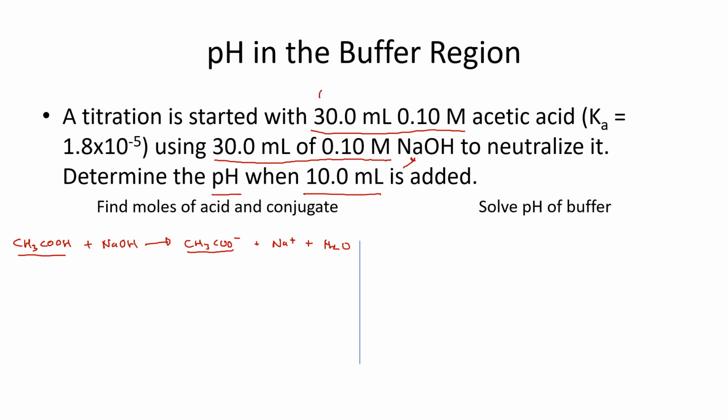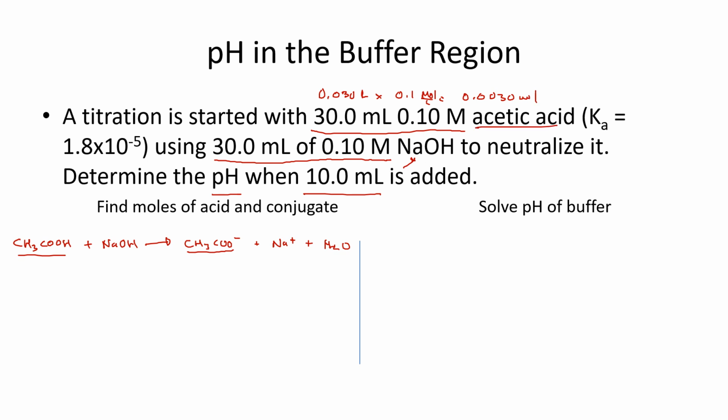Up here we have 0.030 liters, and we have 0.1 moles per liter. So that's 0.0030 moles of the acid.